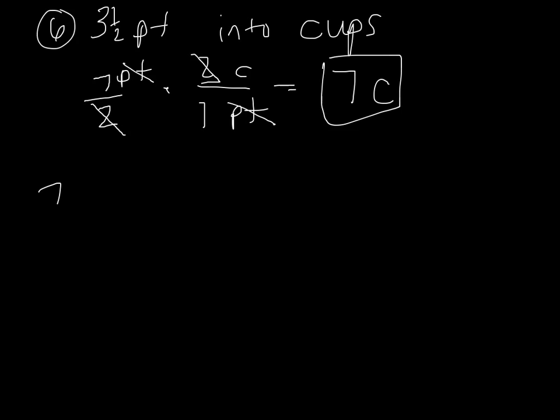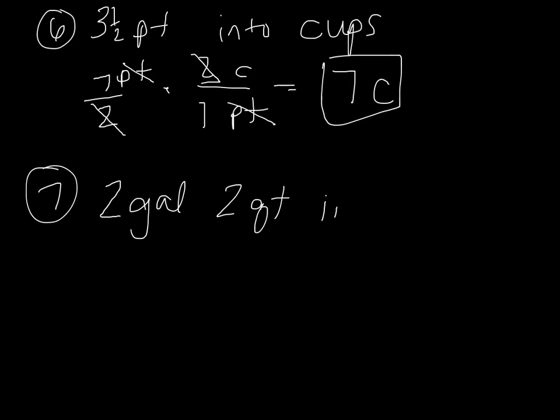Okay, number 7 says, ooh, this is tricky. 2 gallons, 2 quarts into pints. Okay, here's what I am going to do. I'm going to first change them all into quarts.